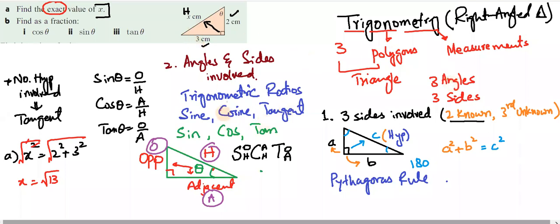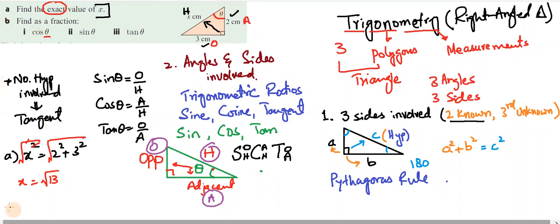All right, as I mentioned, when you're involving angles like cos theta or sine theta or tan theta, when you're involving angles and sides, then we use the trigonometric ratios. And for trigonometric ratios, sine, cos, tan, for you to decide which ratio it is or just write the definition, you need an angle of reference. So according to this angle theta, this side is the opposite and this is the adjacent.